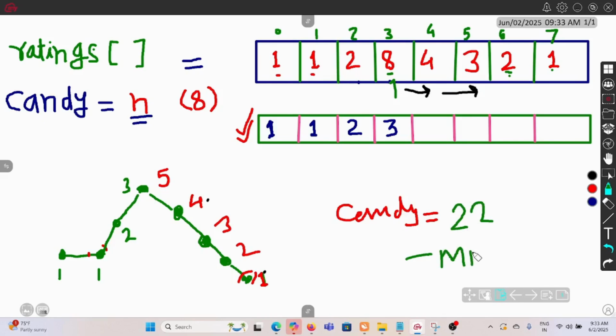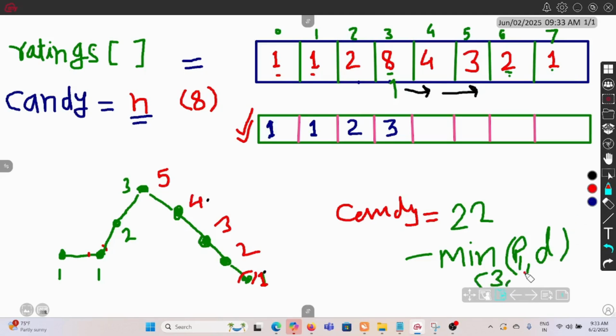Okay, 22 minus the minimum of, let's say, peak, which I am calling P, and down as D. So in our case, peak is basically 3, and down is our 5 in this case, right?